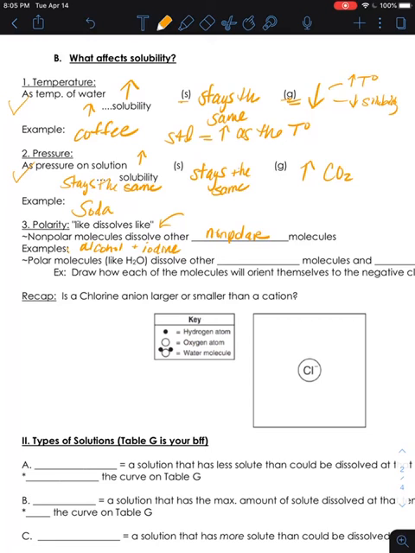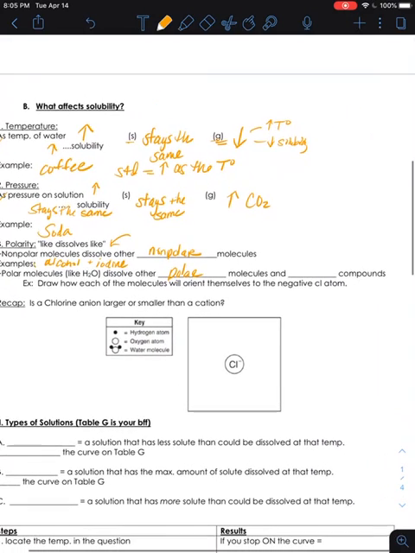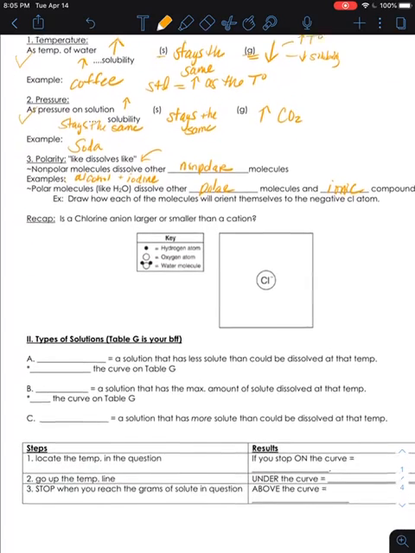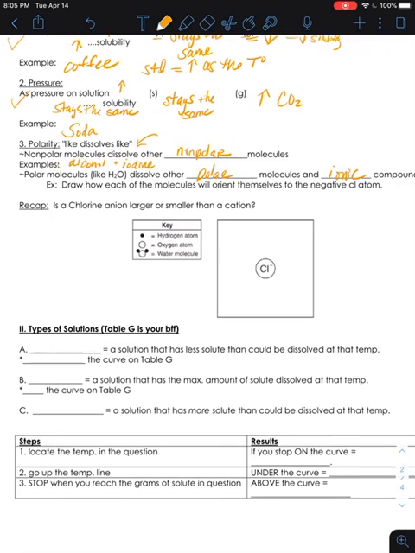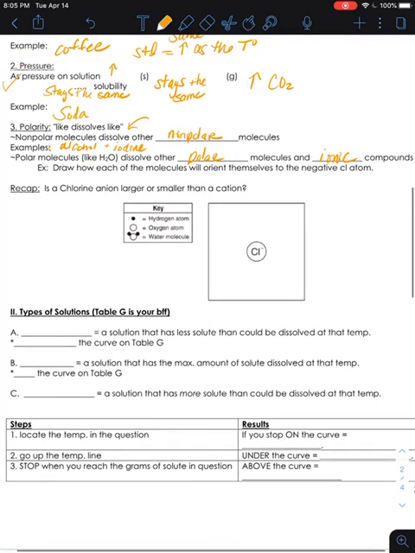Polar molecules like water dissolve with polar molecules like water. And we can also keep in mind that most of the time it can be with ionic compounds. So one question that usually shows up on the Regents is, how do these orient themselves to the negative ion?